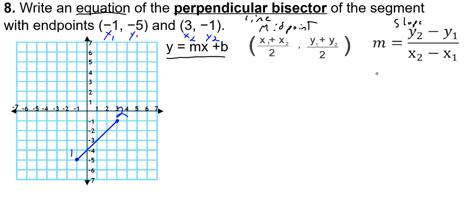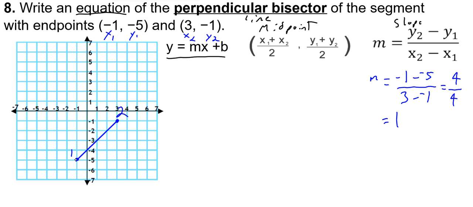I'm going to say that the slope of this line is equal to y2, so -1 minus -5 over x2, which is 3 minus -1. So here I'm going to get -1 plus 5, and that's 4, over 3 plus 1 is 4. 4 over 4 is equal to 1.